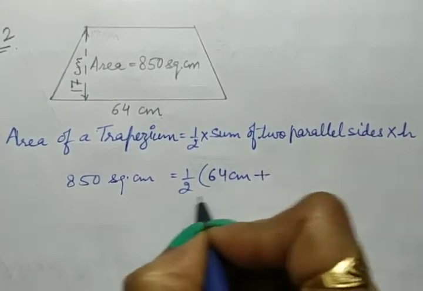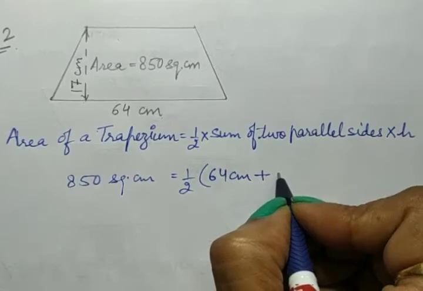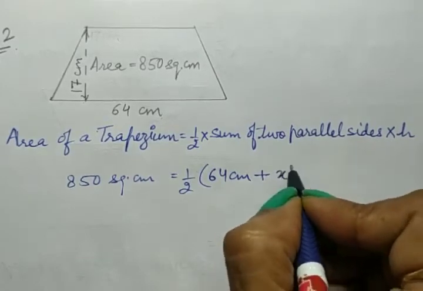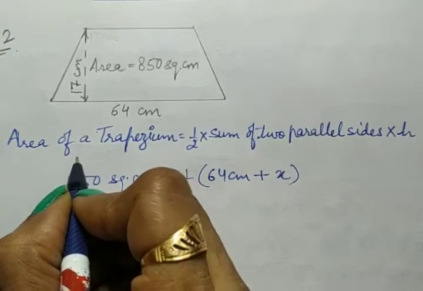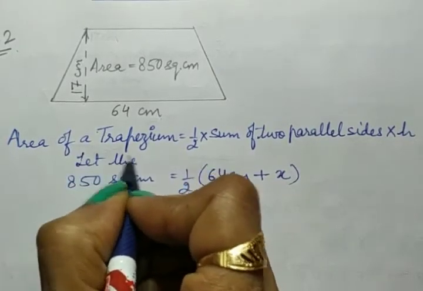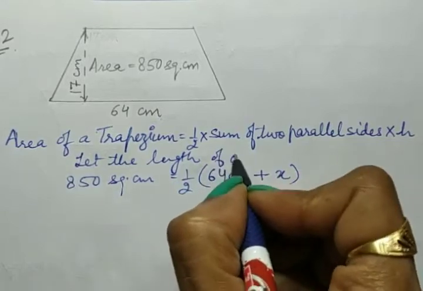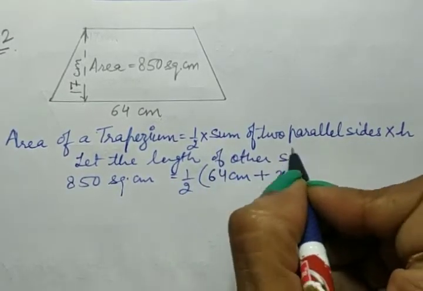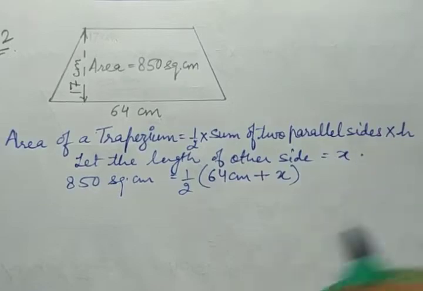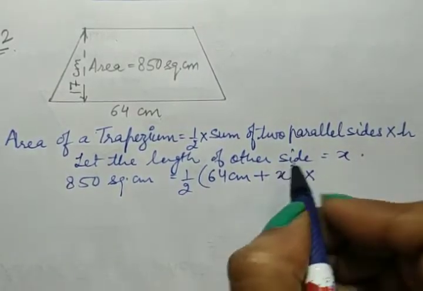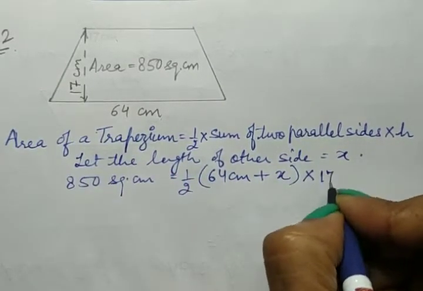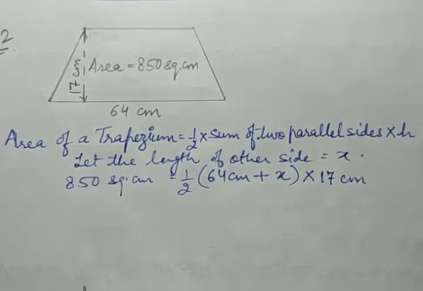As we don't know the length of the other side, consider that the length of the other side be x. Let the length of the other parallel side be x, multiplied by height, and height is given, that is 17 centimeter.